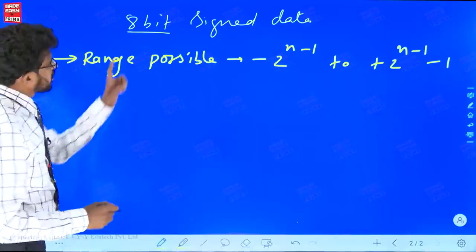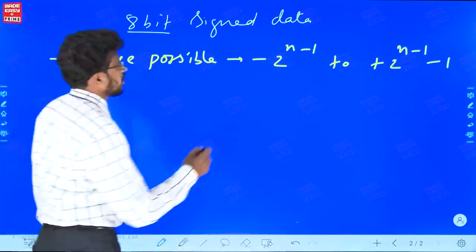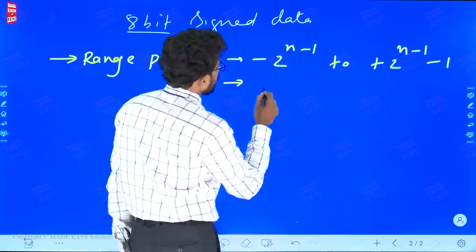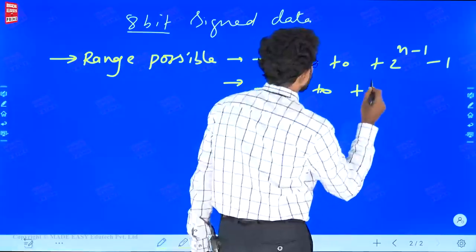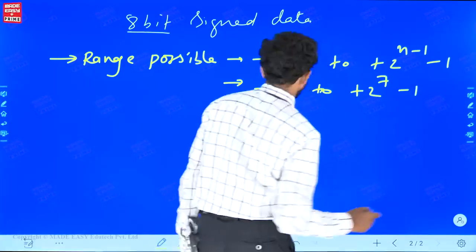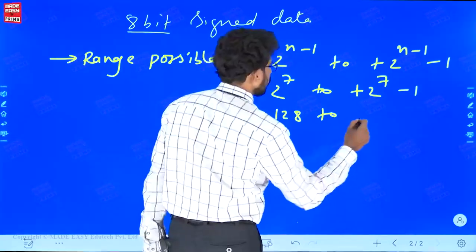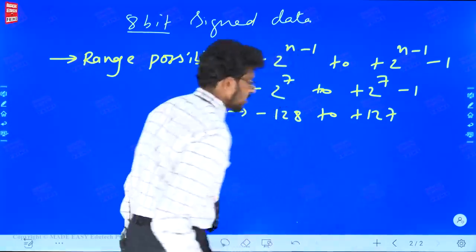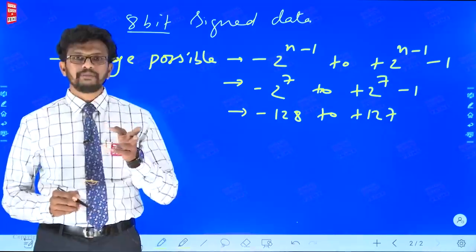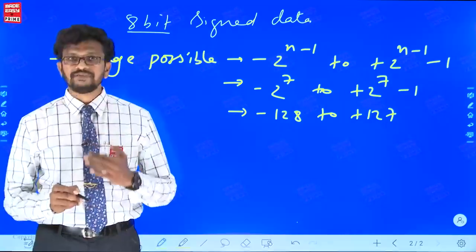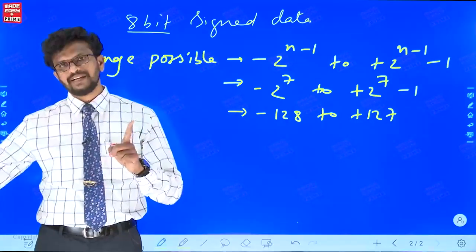If I consider 8-bit signed data, n is 8, so this is simply minus 2 power 7 to plus 2 power 7 minus 1. This will give you minus 128 to plus 127. Don't forget, in 2's complement representation you won't get minus 0 and plus 0. Instead of that, the number range extends from minus 1 to minus 128.